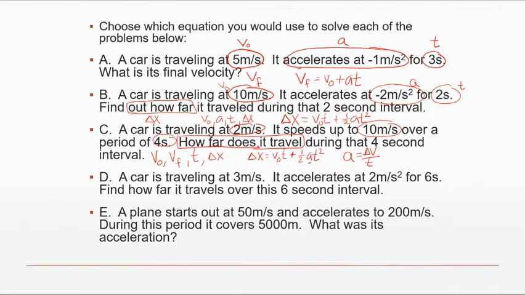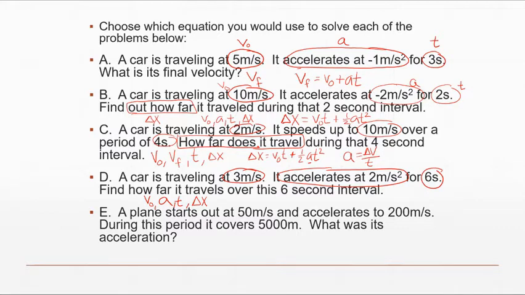A car is traveling at 3 meters per second. It accelerates at 2 meters per second squared for 6 seconds. So we have v initial, acceleration, and time. How far does it travel over this 6-second interval? So we're looking for change in x.